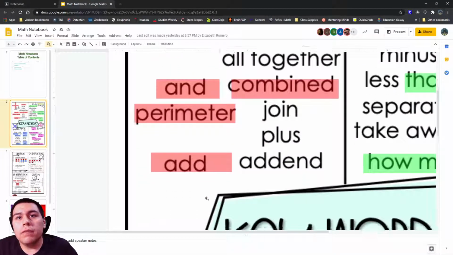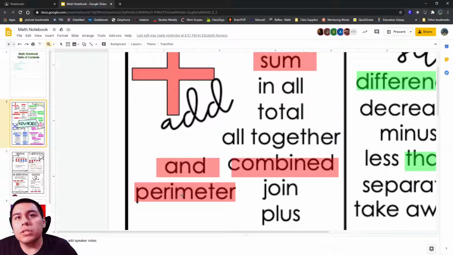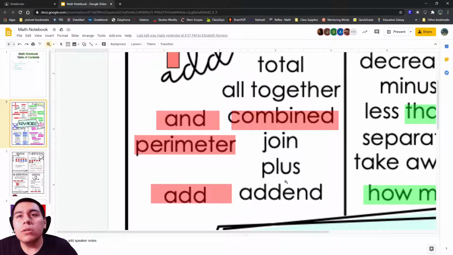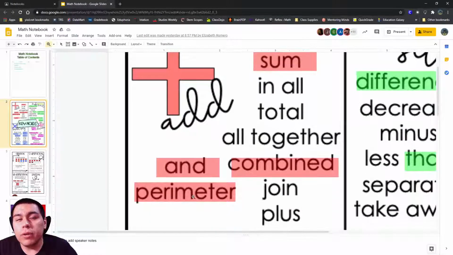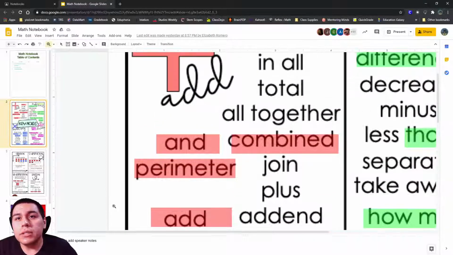Now, if you noticed, some of these words in our list are highlighted in red, like the addition symbol, okay? All of these words are clues, are hints that they want you to use addition, but these ones that we highlighted here in red, those are the ones that you'll see probably most often, okay?